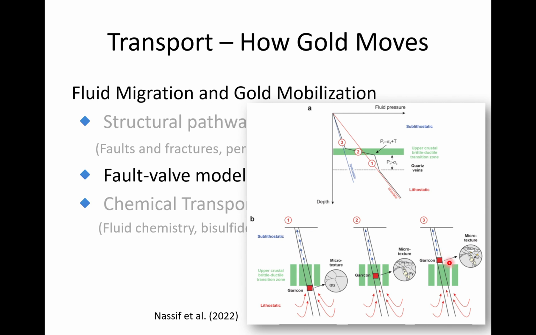The fault fracture mesh now lies in the brittle upper crust near hydrostatic pressure, and fluids flow freely and there's no pressure buildup. So the result is actually coarse native gold along quartz grain boundaries and fractures, and clear quartz or calcite grows in open spaces.